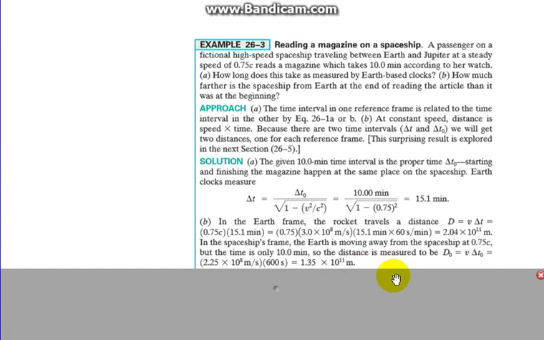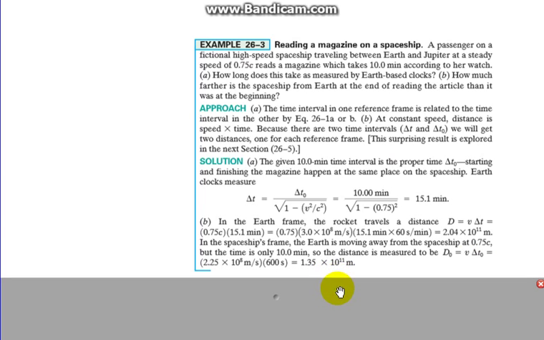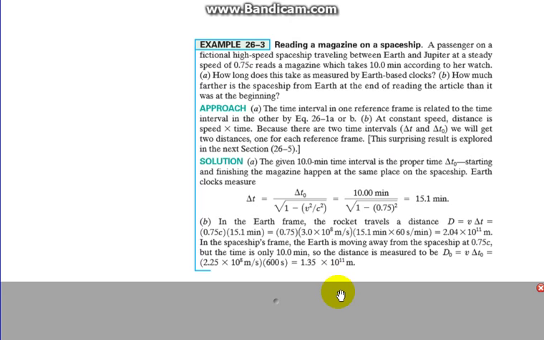So the distance is measured to be v times t, which is 1.35 times 10 to the 11 meters. So really interesting there. The Earth is experiencing 15.1 minutes, and the ship is moving this far. On the ship, they're only experiencing 10 minutes, so the Earth is moving this distance.